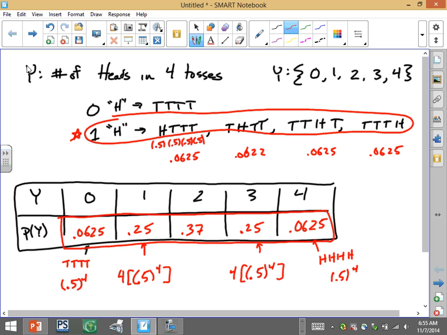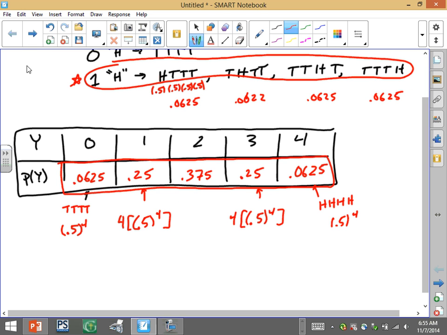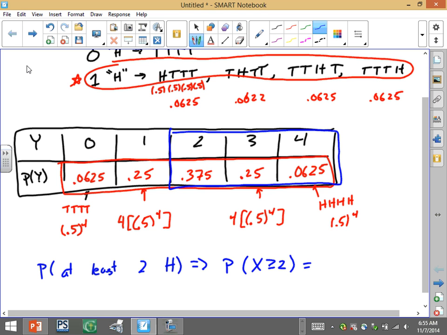So now we could use our table. Let's say a question asks us, what's the probability of at least 2 heads? Well, we look very closely. At least 2, we could rewrite that as the probability that x is greater than or equal to 2. And then it's just a matter of going to our table. At least 2 would be the sum of those 3 boxes together.